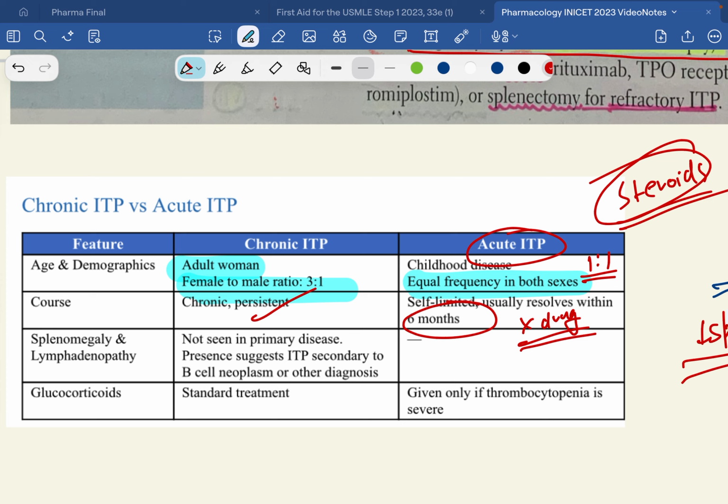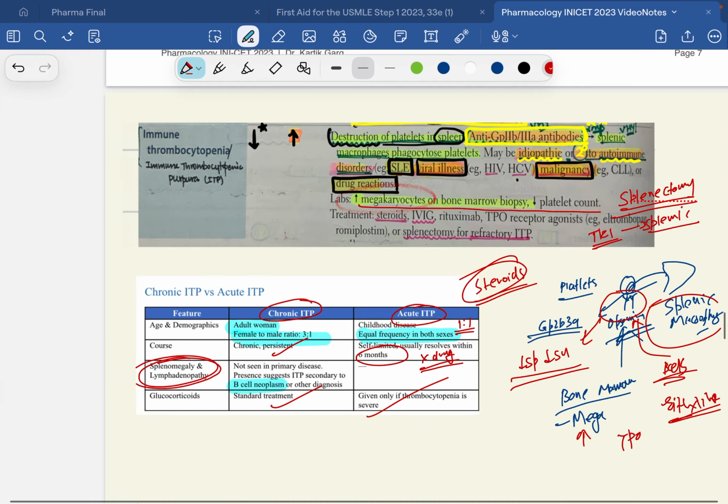One thing about chronic ITP is that if you see splenomegaly or lymphadenopathy in a chronic ITP patient, you need to suspect other causes such as a B cell neoplasm, because in plain chronic ITP there is no reason for splenomegaly or lymphadenopathy to occur. Glucocorticoids are the standard treatment, while in acute ITP, as I have already explained, they are given only if the thrombocytopenia is severe. So this is ITP for you.